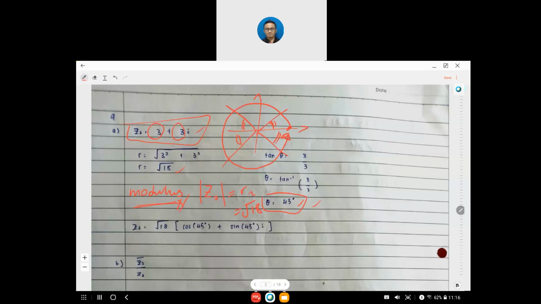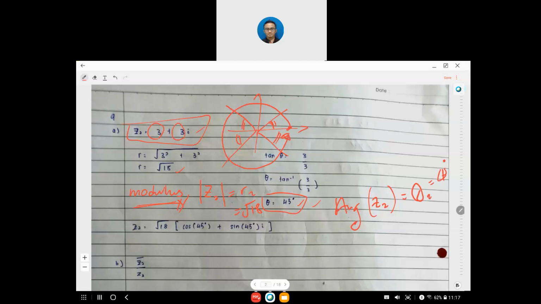And then what is your argument? Argument also same thing. You need to write argument. Okay, argument of Z2 equal to theta 2 equal to 45 degree. Okay. And then write in terms of polar form. So you can get square root 18 cos 45.